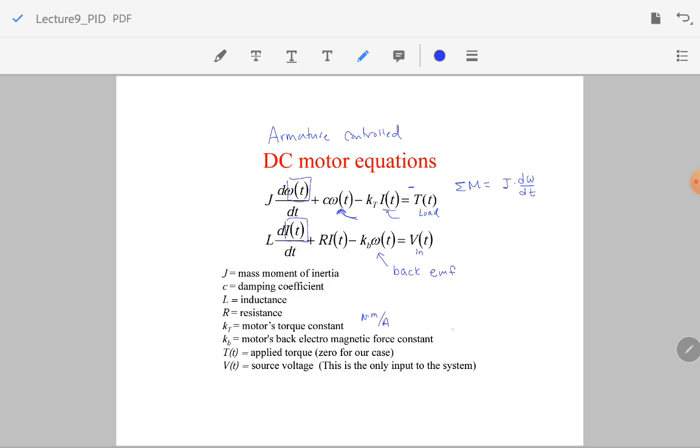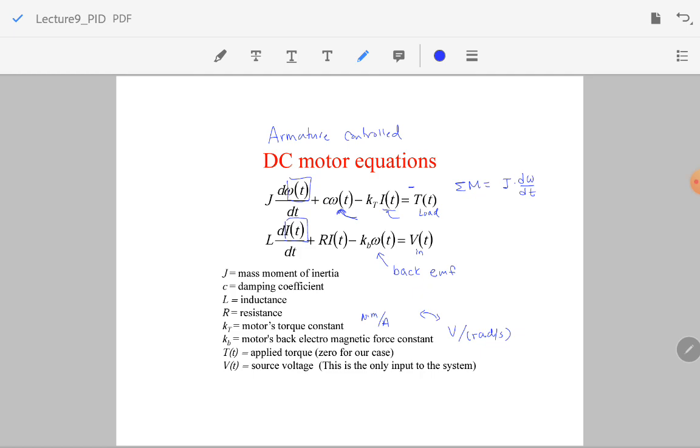What's the unit? The unit will be volt divided by radians per second. And believe it or not, those two, KT and KB, have the same unit. If you do some conversion, you can find that volt per radians per second can be converted into Newton meter divided by amp.